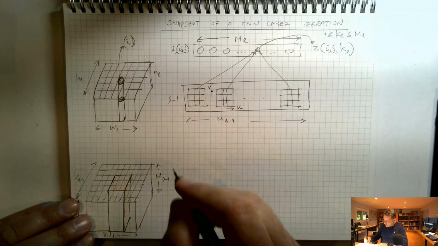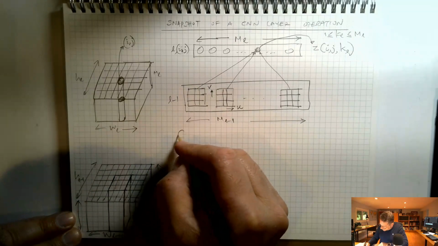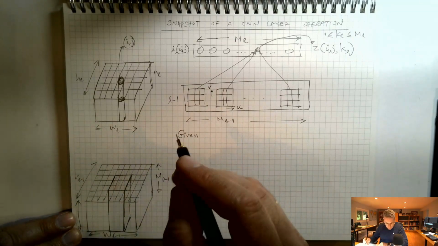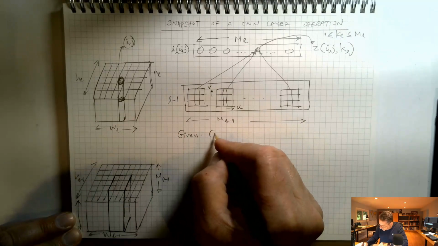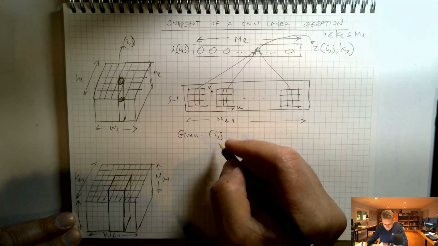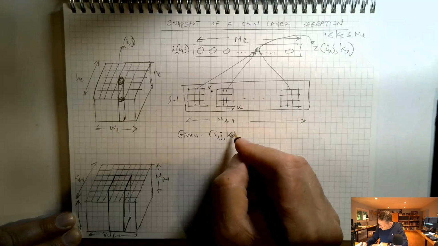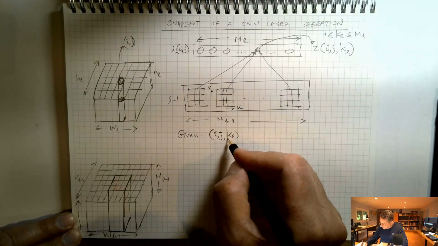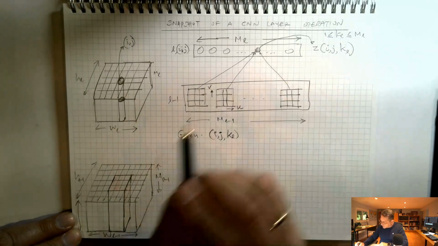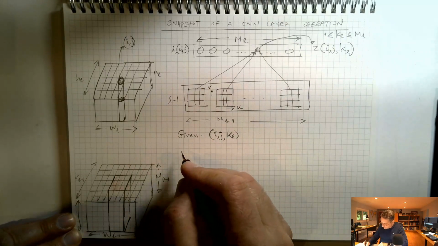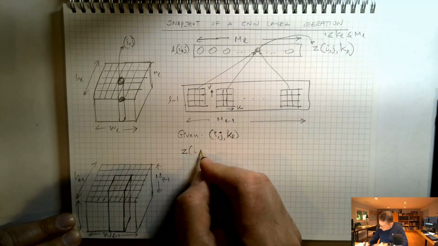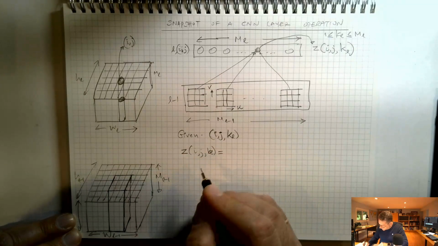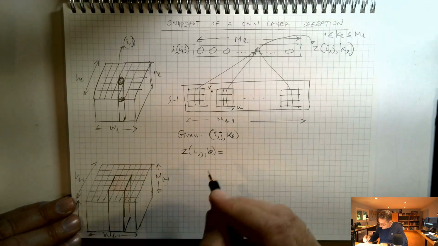Okay, so my equation is the following. Given i comma j comma k_l, in other words the coordinates of the scalar which I want to generate, my scalar z(i, j, k_l) is going to be given by three summations.